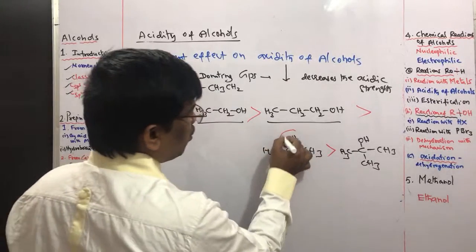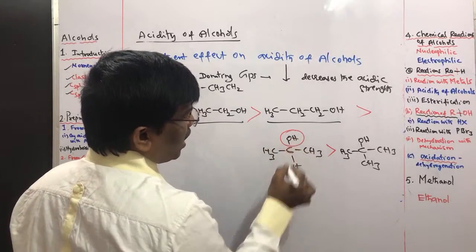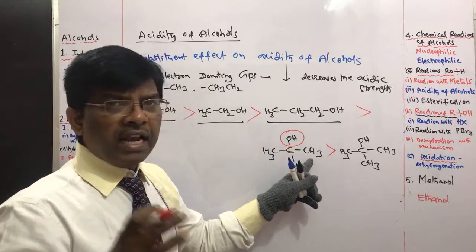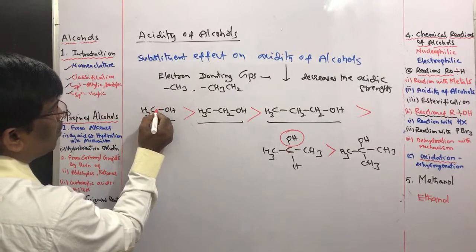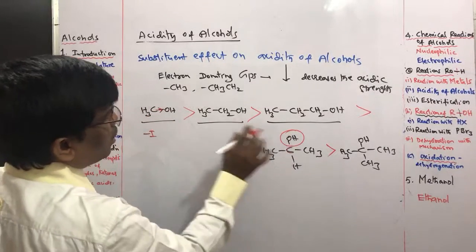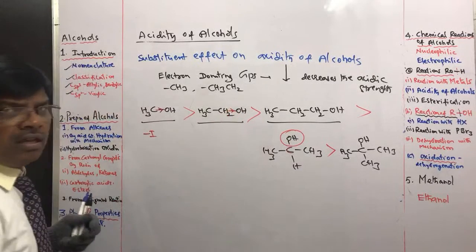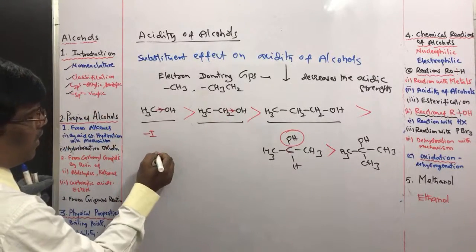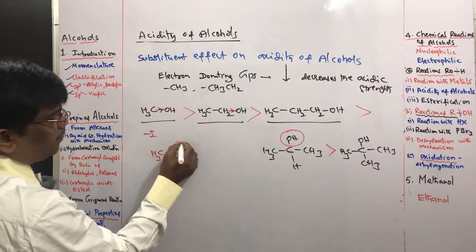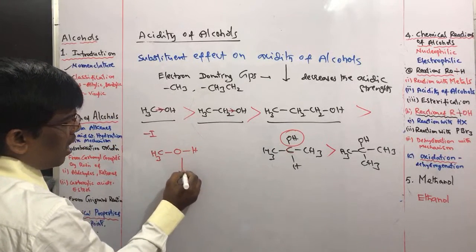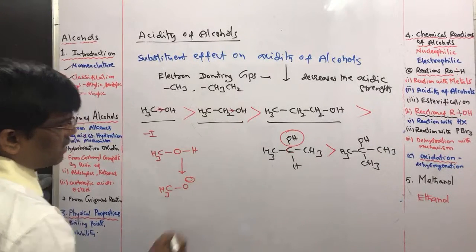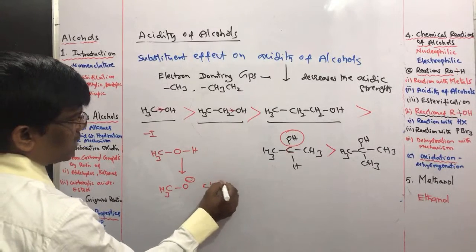So if the carbon attached to the alcohol group is attached to an electron donating group, this plus I effect group is going to push electrons towards oxygen. To act as an acid, it should lose this proton and form CH3O minus plus H plus, isn't it?